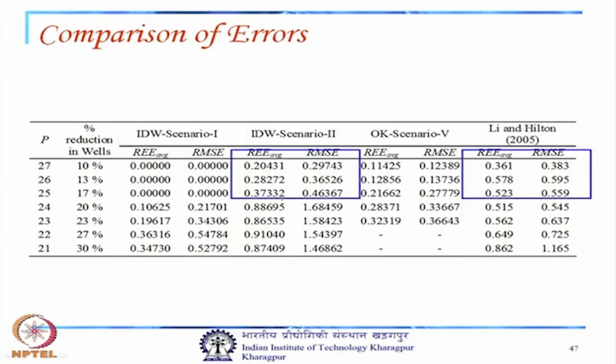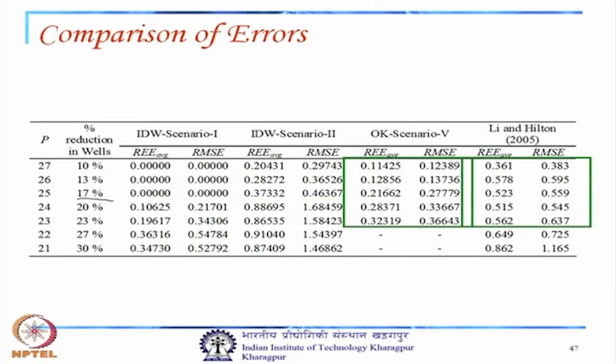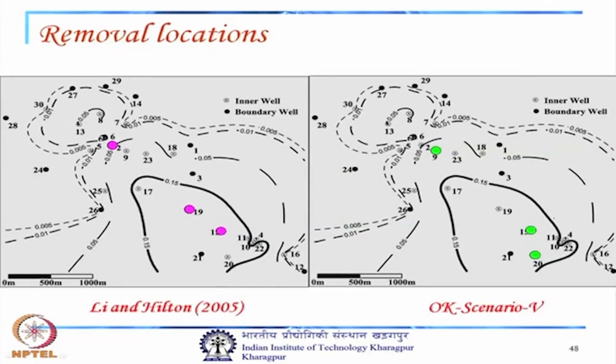Also, up to a 17% reduction in wells, this is performing better. As I have already told, the configuration of monitoring wells is also an important thing here. And the ordinary kriging scenario outperforms the existing results. So, these are the removal locations for both cases.